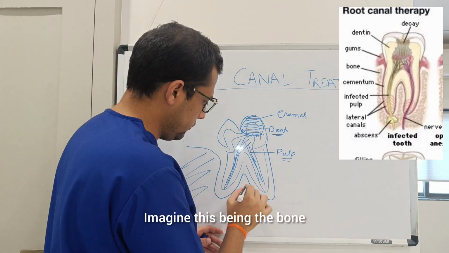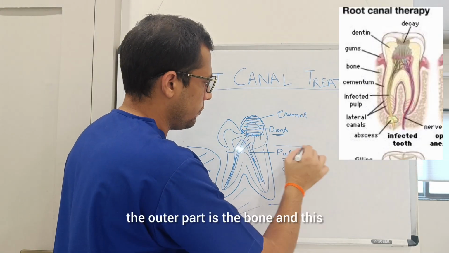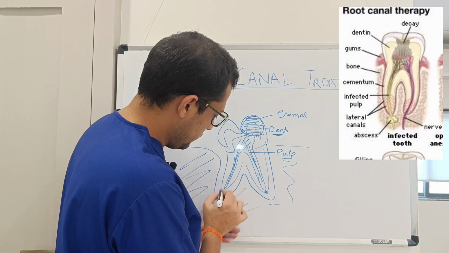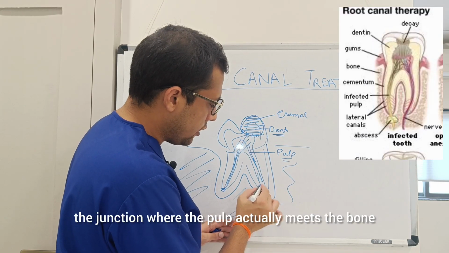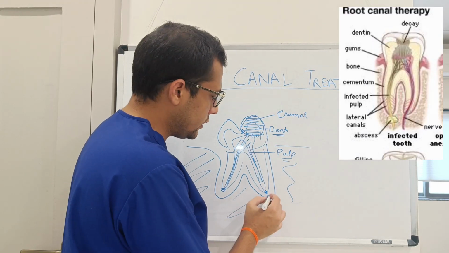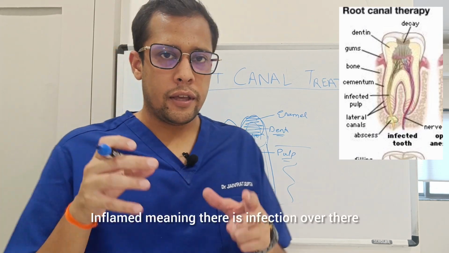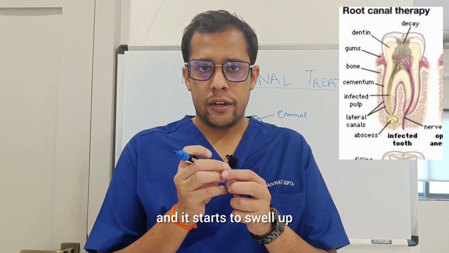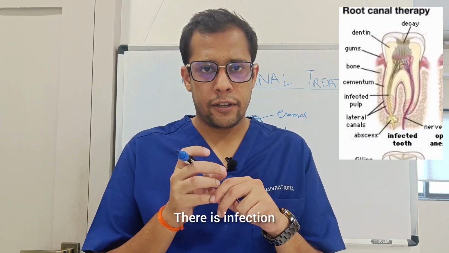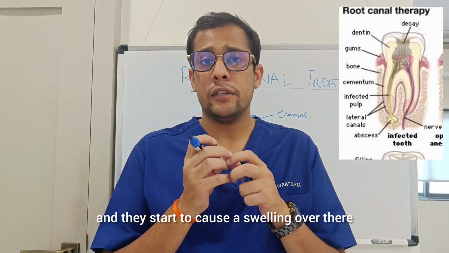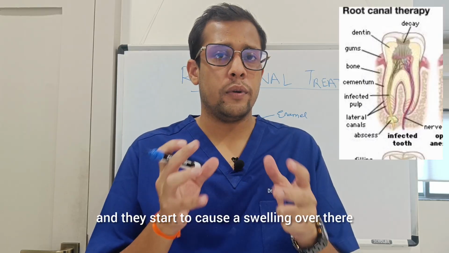Imagine the outer part is the bone, and the junction where the pulp meets the bone gets inflamed. Inflamed meaning there is infection over there and it starts to swell up. Bacteria get accumulated over there and cause a swelling.